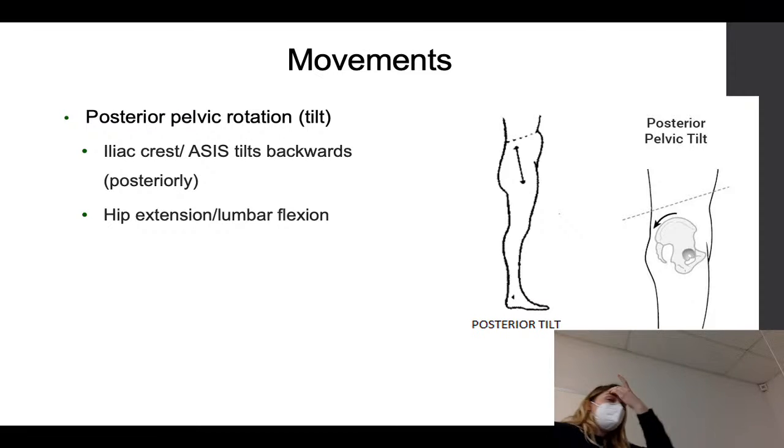Now, why I agree with the train of thought that your sacrum has movement is, this is not normal and you would be technically injured, but you could have one side of your pelvis do an anterior rotation while the other side of your pelvis decided to do a posterior rotation.